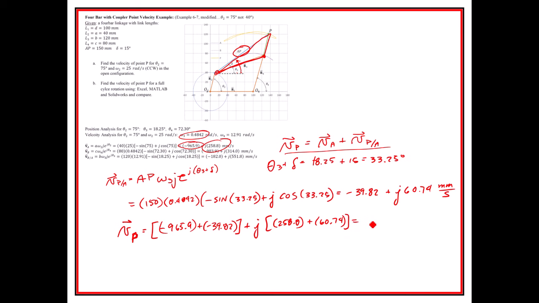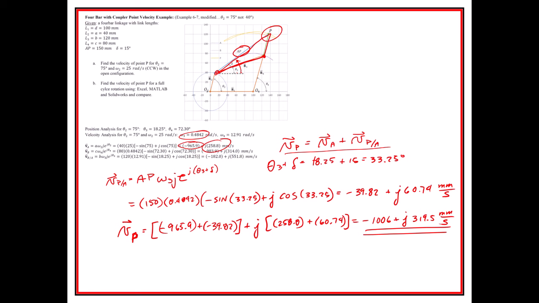And what I end up getting is a negative 1006 plus j 319.5 millimeters per second.